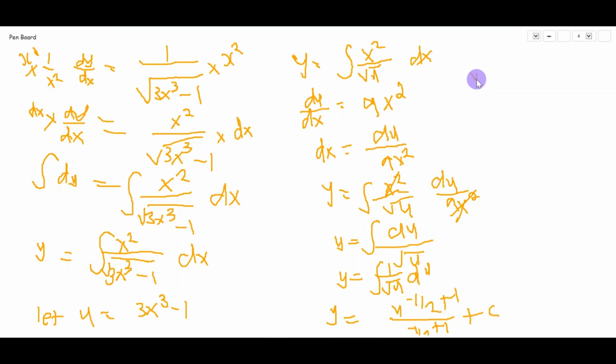Then finally we need to substitute u. Negative 1 over 2 plus 1 is 1 over 2, so 1 over 2 divided by 1 over 2.